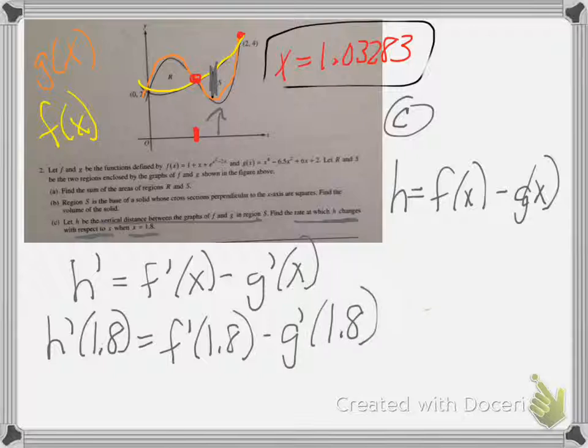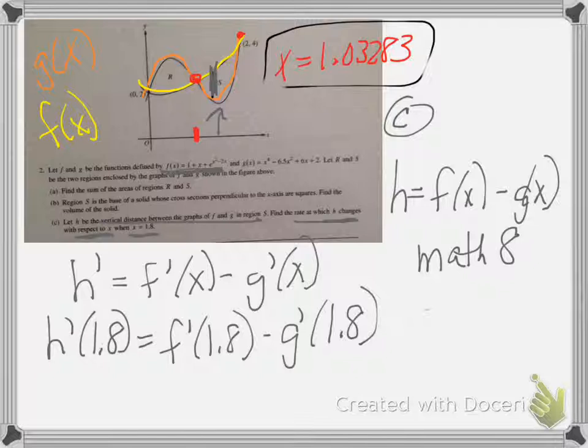Okay, so how are we going to find f prime of 1.8? Well, you could find the derivative of this, and then substitute 1.8 in there because you have your calculator, or you could do the easier thing. You go into your calculator, go into Math 8, and the calculator will do everything for you.